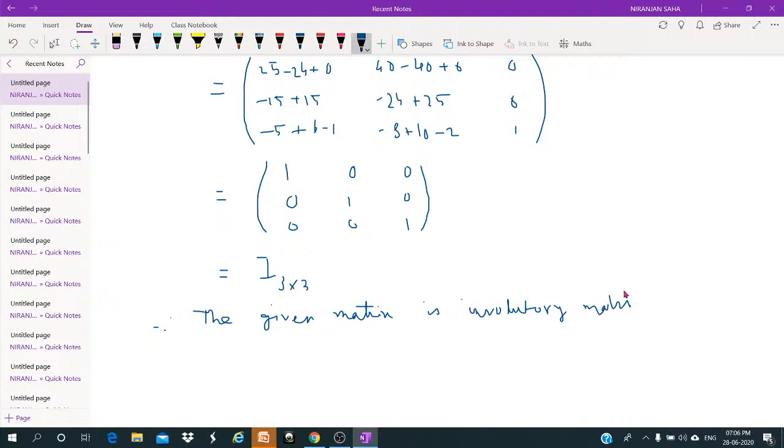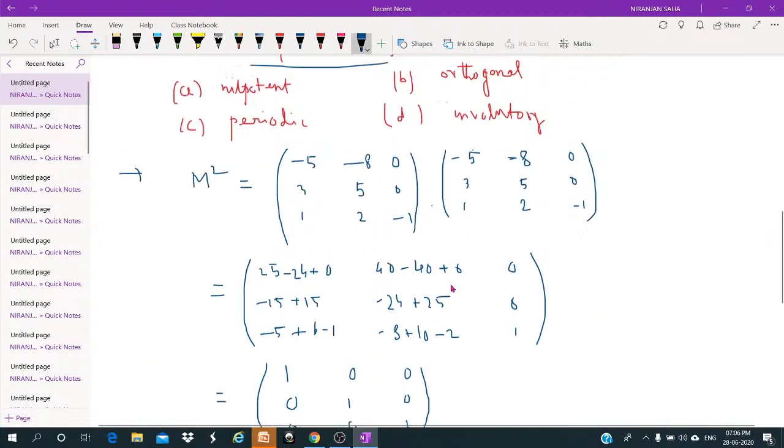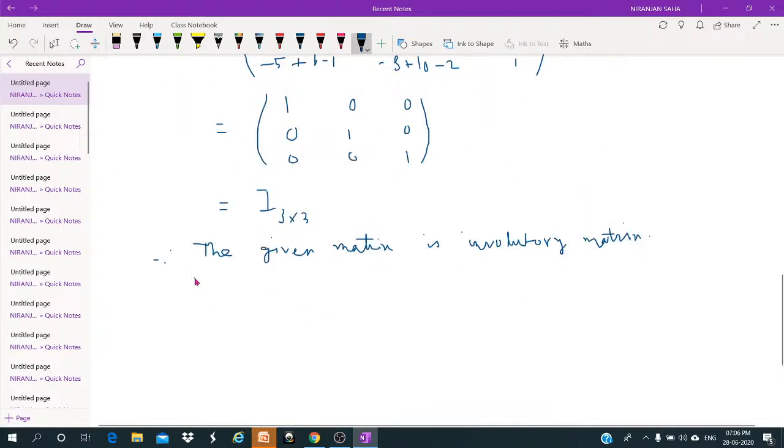So which option is correct? The involutory is given in D option. So D option is correct.